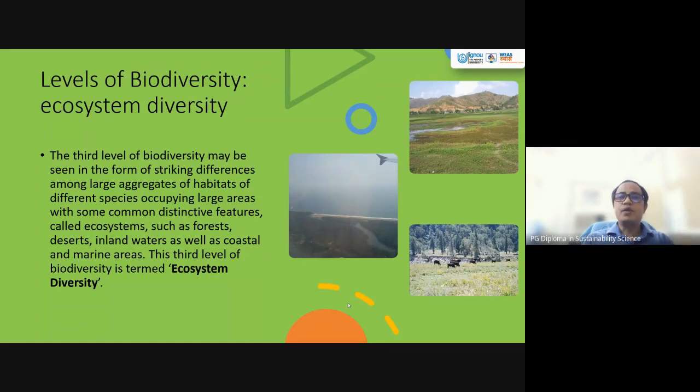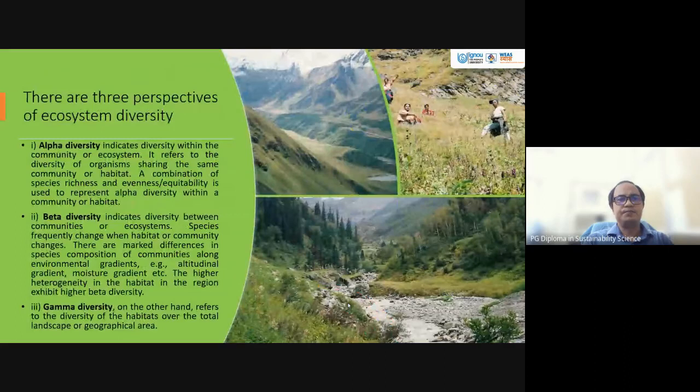In water also, there are inland waters, ponds, lakes, rivers and so on. Agriculture is also an ecosystem. The diversity of these different ecosystems is called ecosystem diversity.